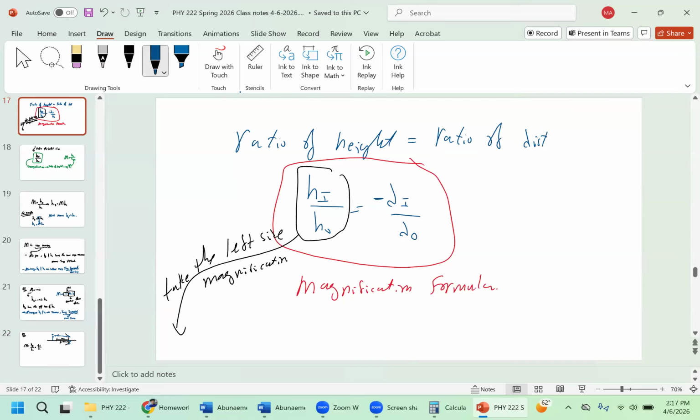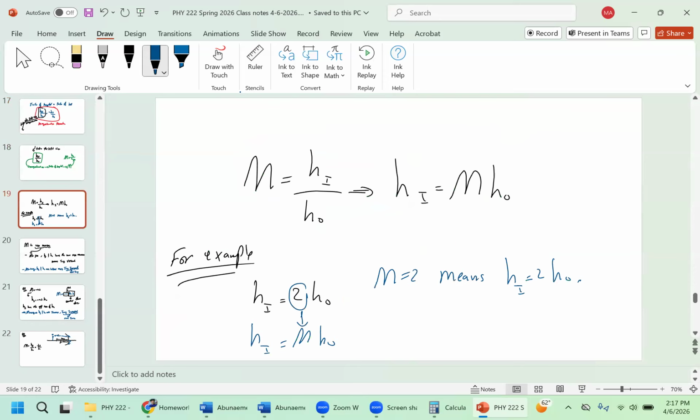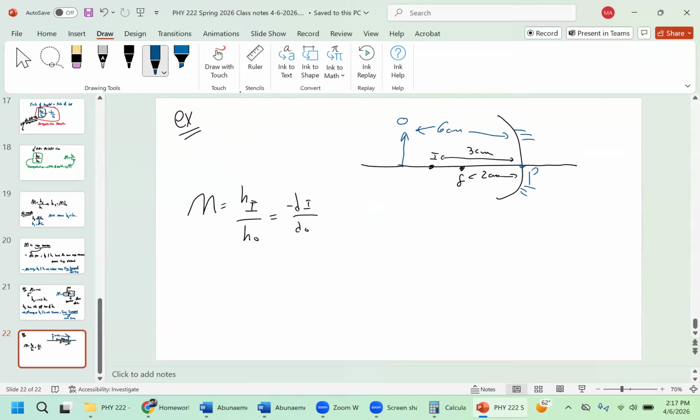HI over HO equals minus DI over DO. So again, this is your M. The magnification equals minus DI over DO.